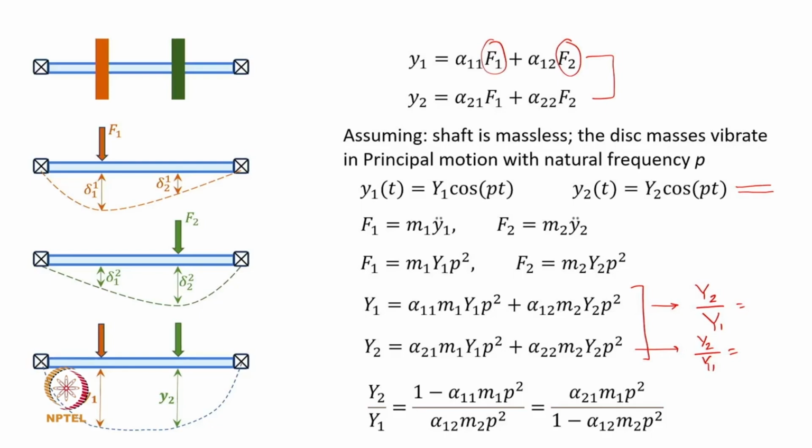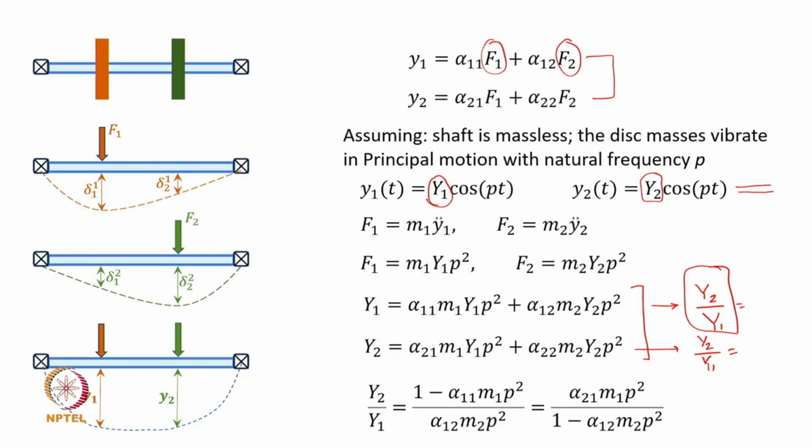Needless to say, once we get these ratios, what are these ratios? What do you call these ratios? Yeah, they are mode shapes, right, because you are considering principal motion and you are expecting the disk 1 to have amplitude y1 and disk 2 to have amplitude y2. Okay.